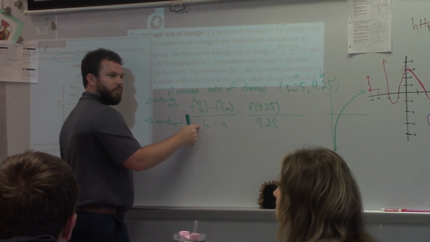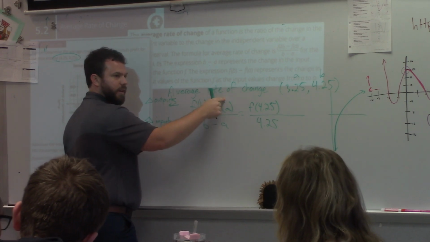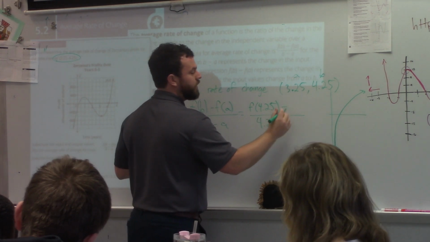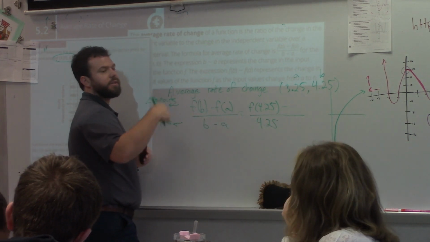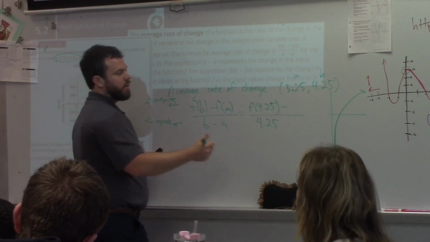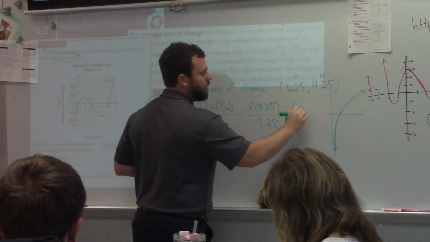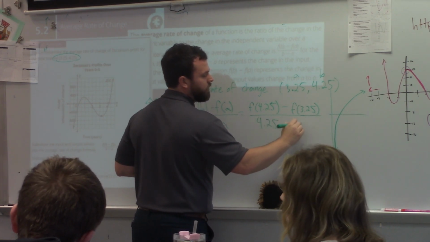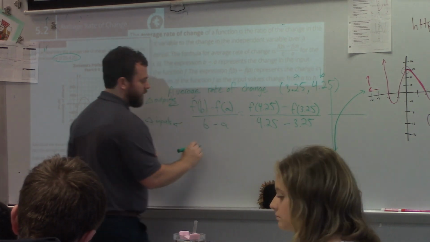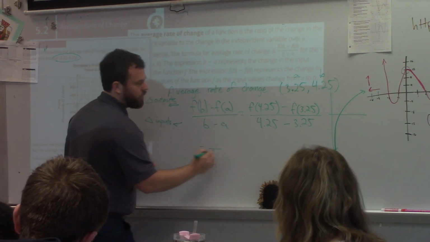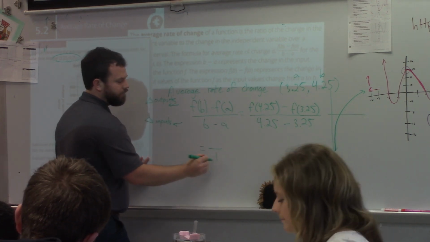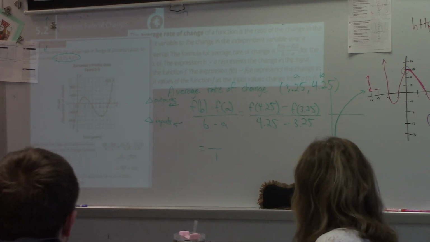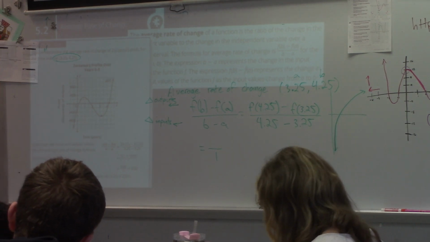F of B and B, F of A and A. It has to go in that order, otherwise you'll get the opposite, right? So if it's supposed to be positive, you get negative. If it's supposed to be negative, you get positive. Okay, so minus f of 3.25 divided, and then minus 3.25. Now, denominator, that's nice and easy. What's 4.25 minus 3.25? 1. Now, how am I going to figure out f of 4.25 and f of 3.25?